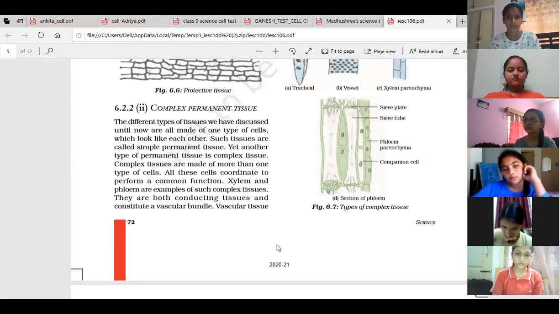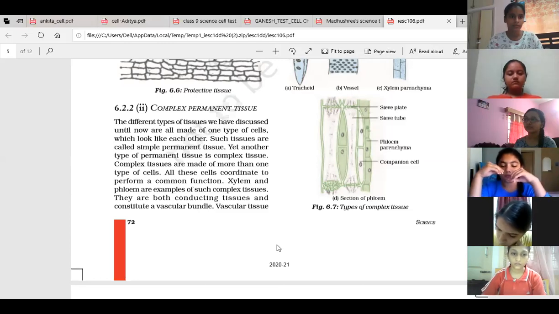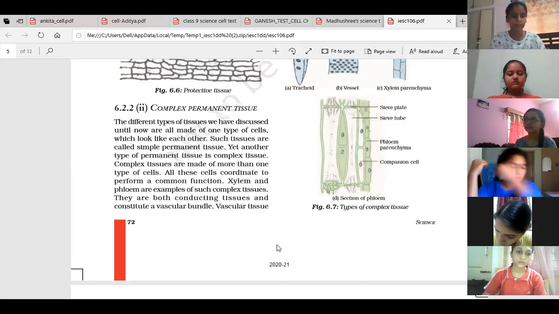Is it possible that everyone will do only one single thing? No, ma'am. One is deciding the intellectual work, which model has to be made.